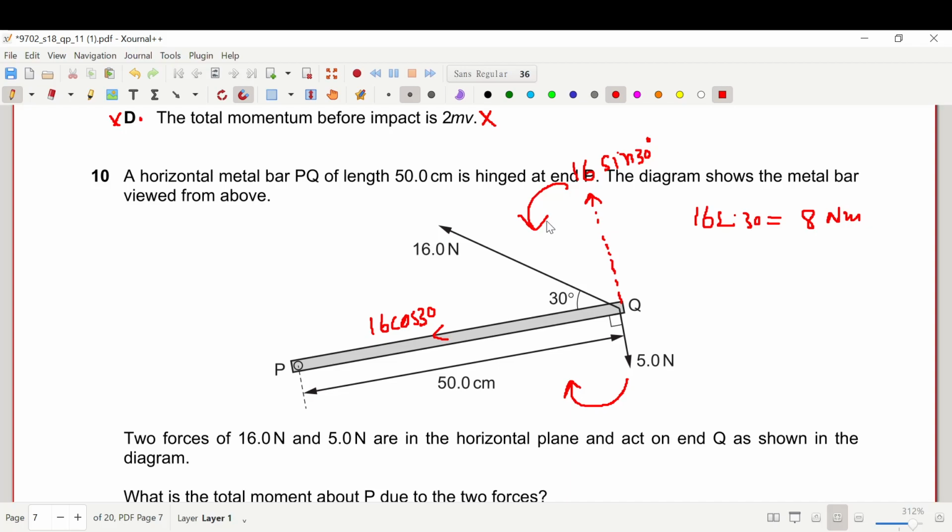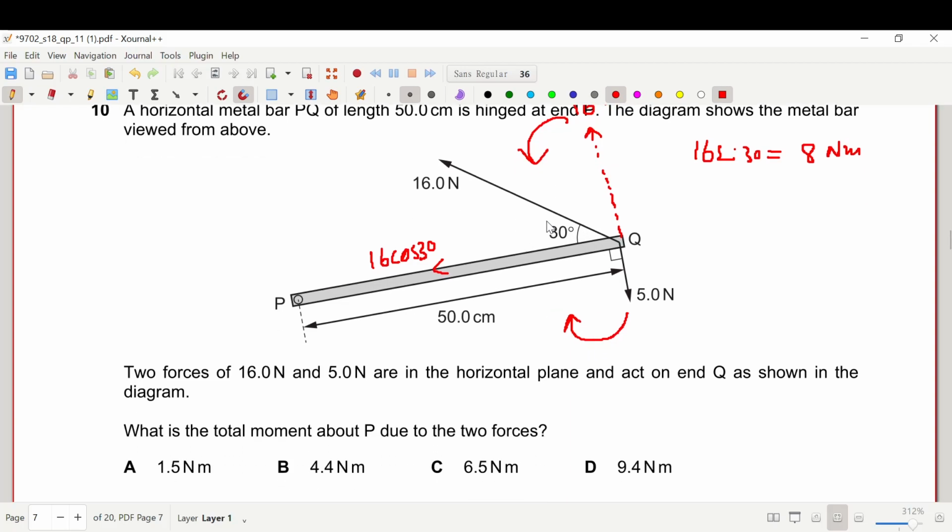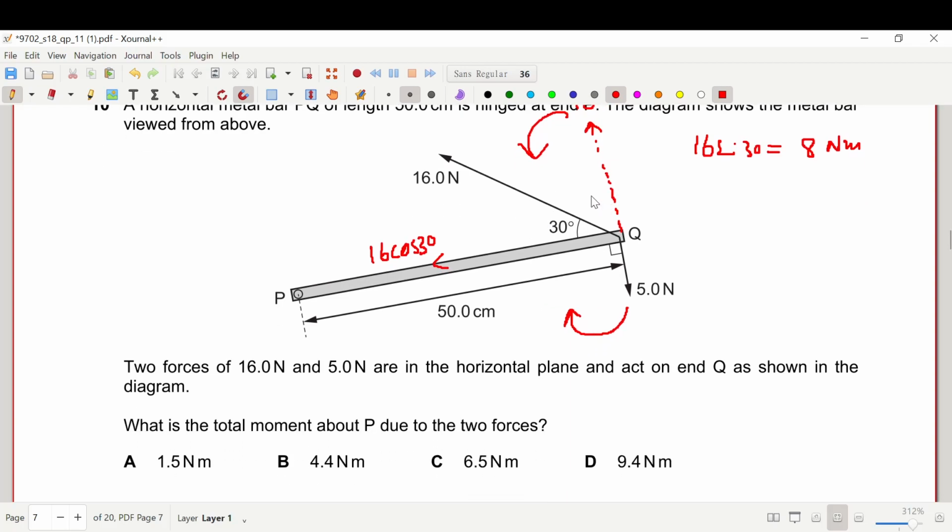Just need to find out due to the two forces. He is not basically asking for any equilibrium condition or anything else. He is more specific to all of the two forces. इन दोनों का moment आप find out करें.